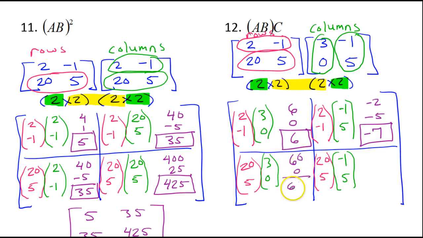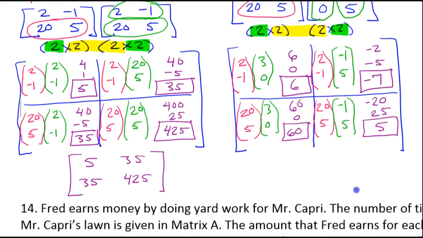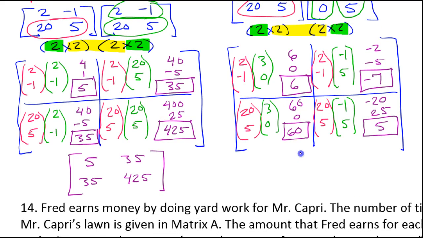Add them up, I get 60. Multiply here, I get -20 and 25. Add them up, I get 5. These boxed numbers represent the final product. So the final product is 6, -7, 60, and 5.